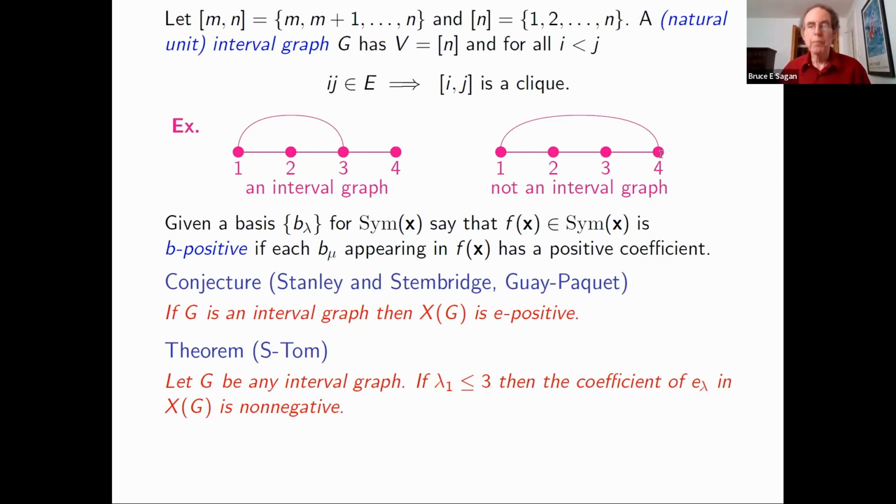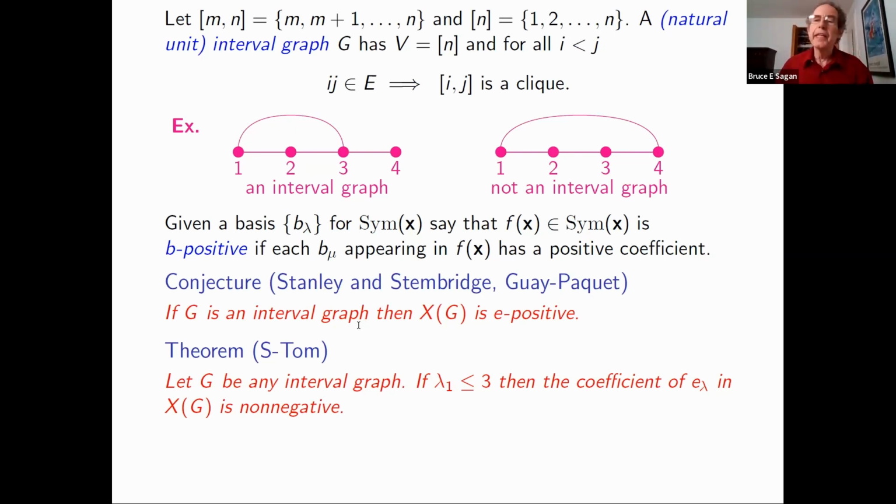Now there's something I want to point out here because this is another important overarching point of the lecture. Most of the work on this conjecture that has been done up to this point has been of the form: take some naturally defined subset of the interval graphs, and show that at least those graphs are e positive.